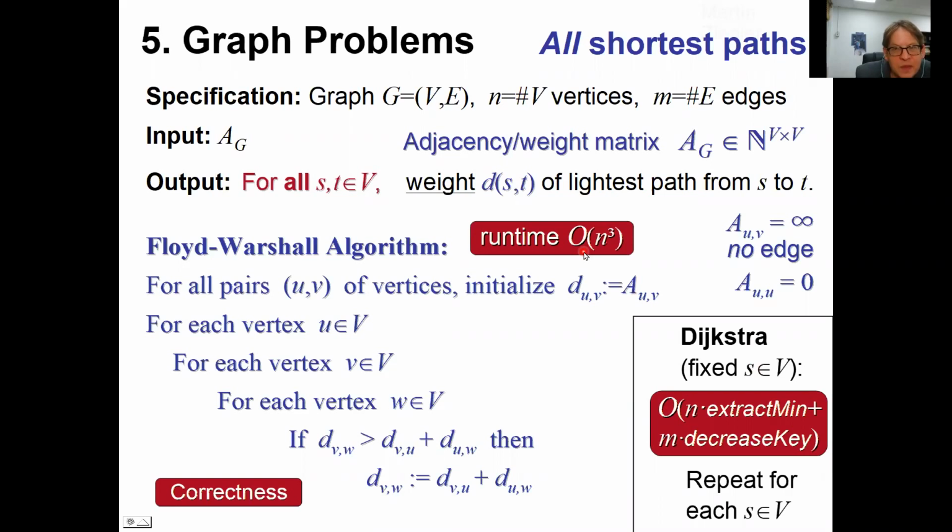However, when the number of edges is asymptotically strictly, considerably less than n squared, like n log n, for example, then actually repeating Dijkstra's algorithm is preferable to Floyd-Warshall. That's an important but subtle point with which I want to conclude and close our discussion of the connectivity problems for graphs and optimal algorithms that solve these connectivity problems.